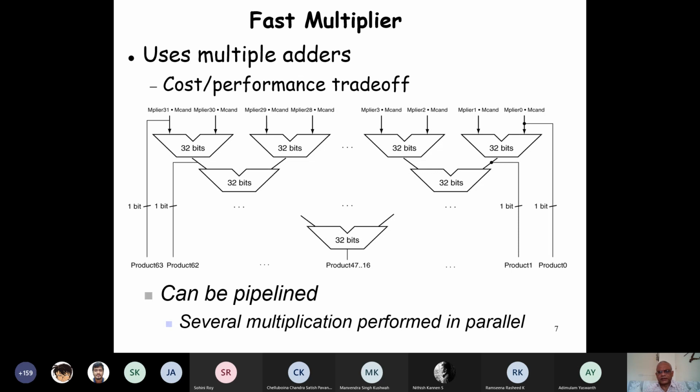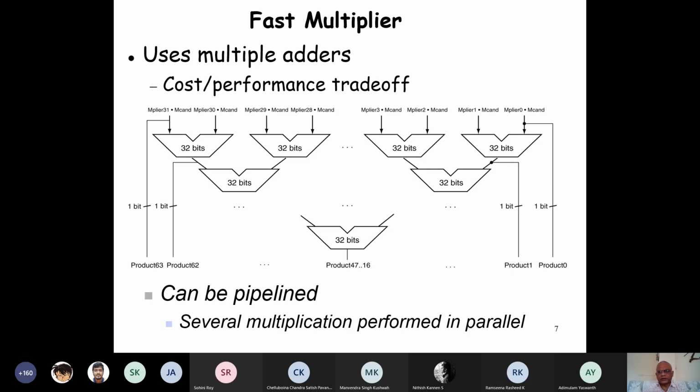What it means is that if the multiplier's least significant bit is 0, we have all zeros input here, and the 0th bit of the product will be 0. On the other hand, if the least significant bit of the multiplier is 1, then the input to this is the multiplicand.